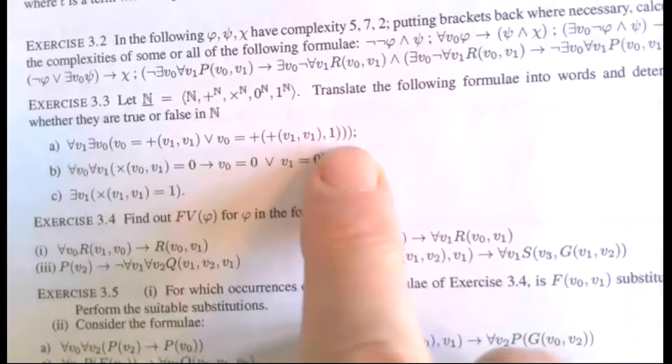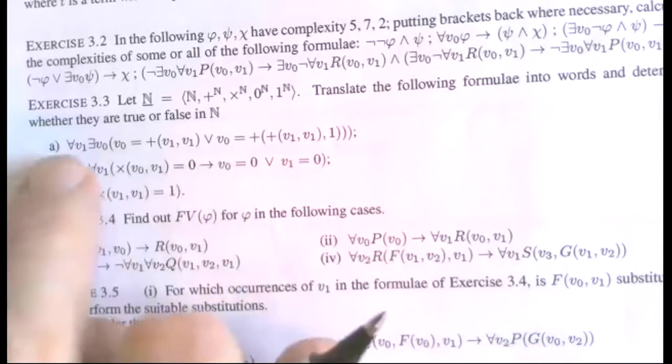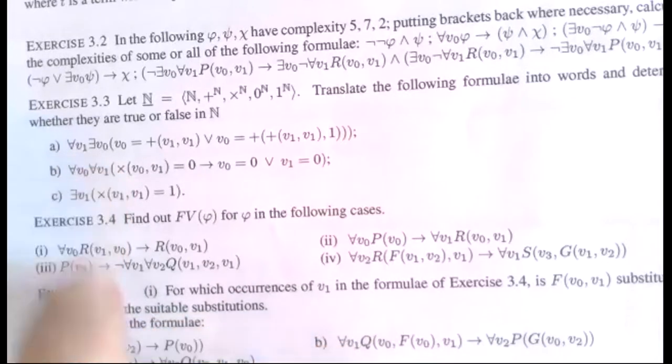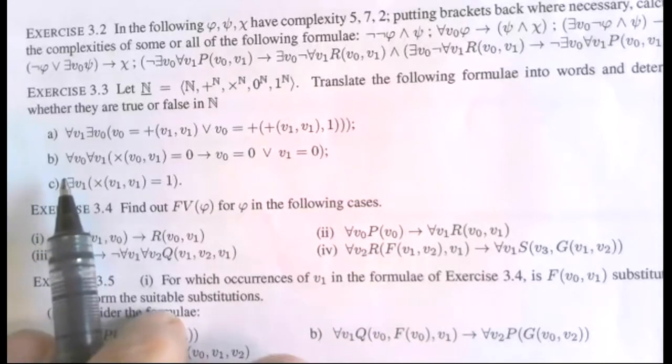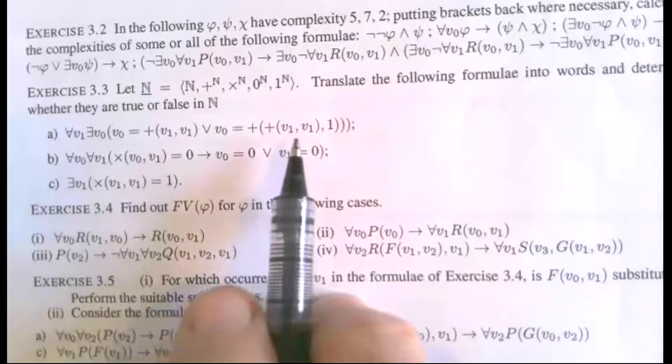So this would be saying every number is even or odd if I switched around v0 and v1 here, which might have made a more sensible question. But either way, it would have been true.